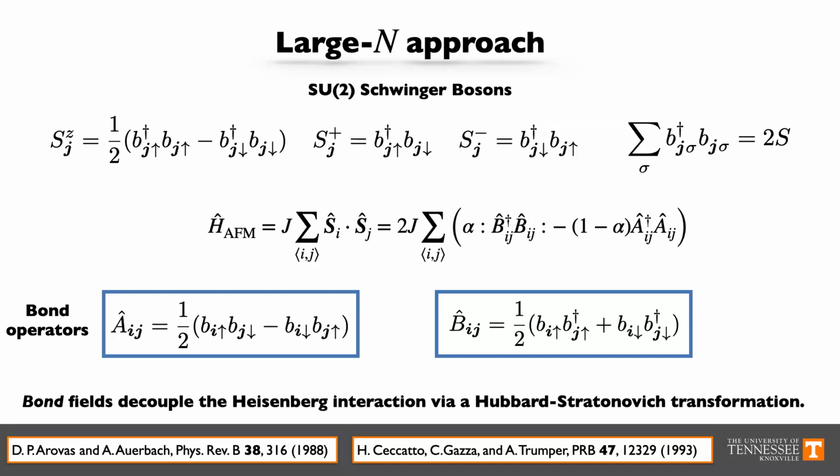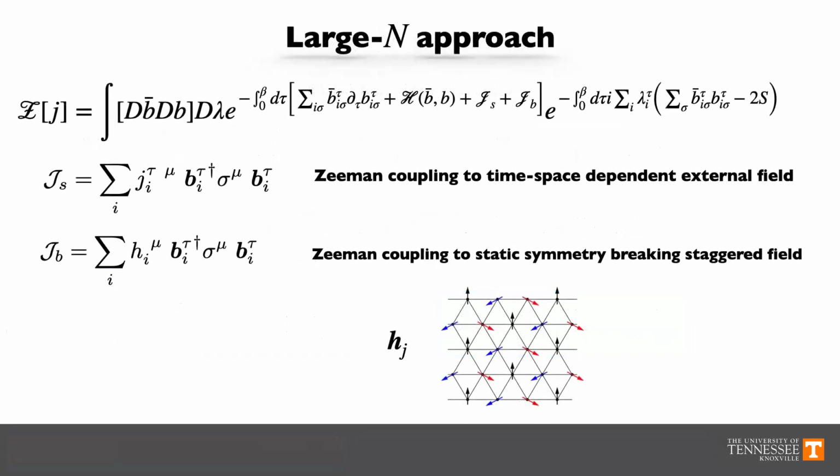To implement that, you need to go to a path integral formulation, where you use coherent states of SU(2) again to write this path integral, and you need to introduce sources and then a symmetry breaking field, because in this approach, the way you get the magnetic ordering is through spontaneous condensation of your bosons. The same way an ideal Bose gas will condense at a finite temperature in 3D, and of course at zero temperature in 2D. Here we get the magnetic ordering via condensation of these Schwinger bosons that will be the spinons of our field.